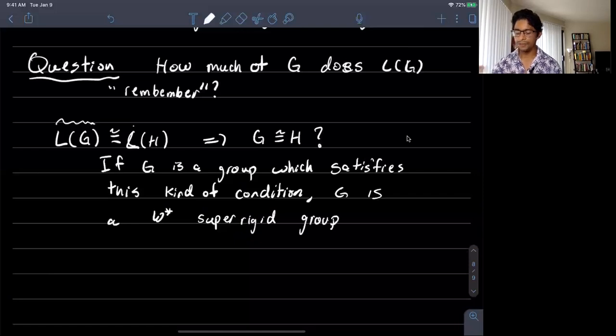So if you know that you necessarily have to have an isomorphism of the groups, that's what W star superrigidity is. That seems to be a very rare phenomenon.